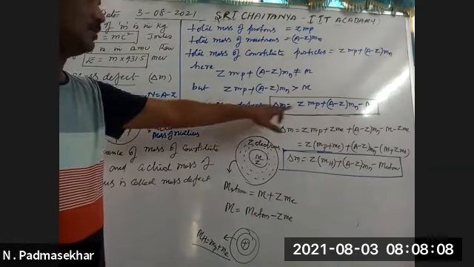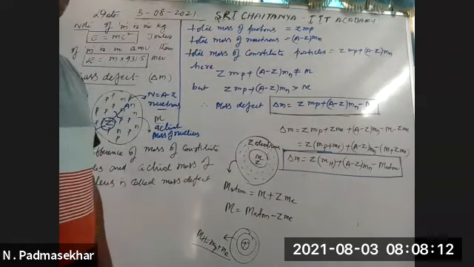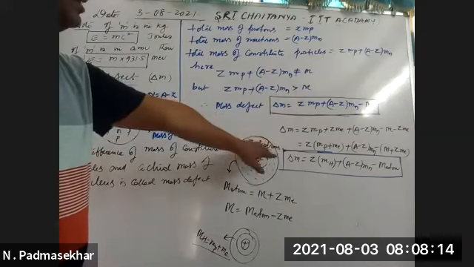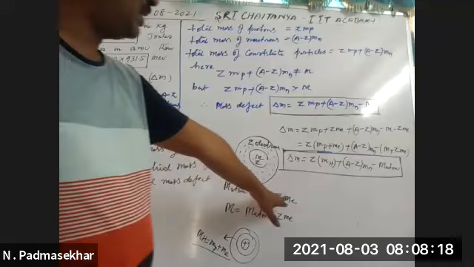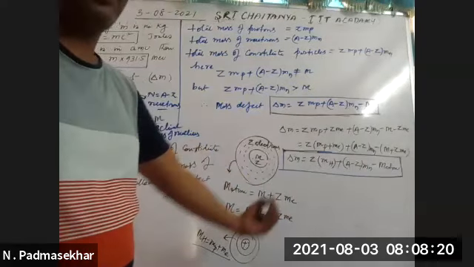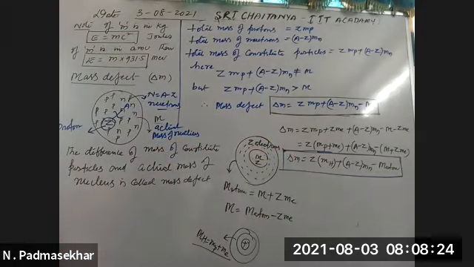In terms of the mass of the nucleus, it is ZMP plus A minus ZMN minus M, where M is the mass of the nucleus. The mass of the atom is the mass of the nucleus plus the total mass of the electrons. So delta M is equal to ZMH plus A minus ZMN minus the mass of the atom. This is the mass defect.